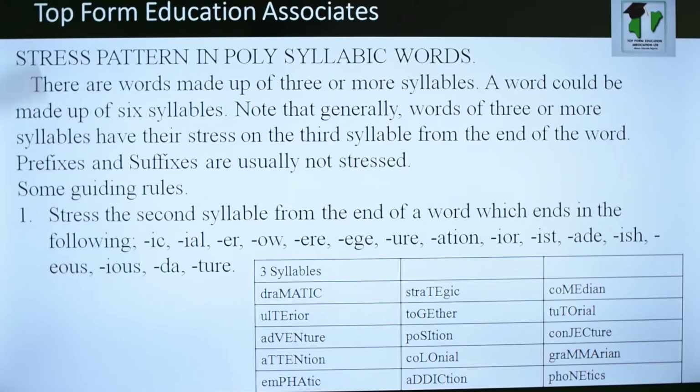When you see words that have these endings, I want you to use this rule to see how it works, and you pick up your dictionary to see that these rules are applied in all these. When you pick your dictionary, you're not going to see capitalized words like this. They say stress the second syllable from the end.